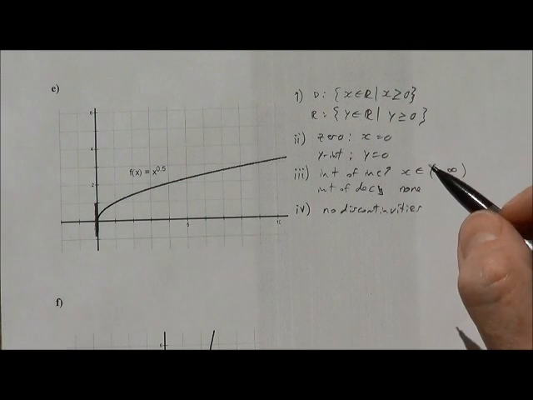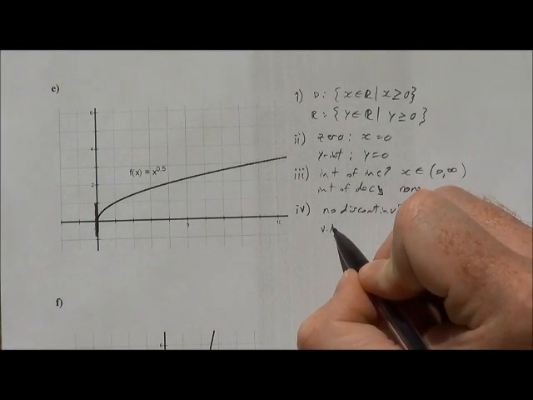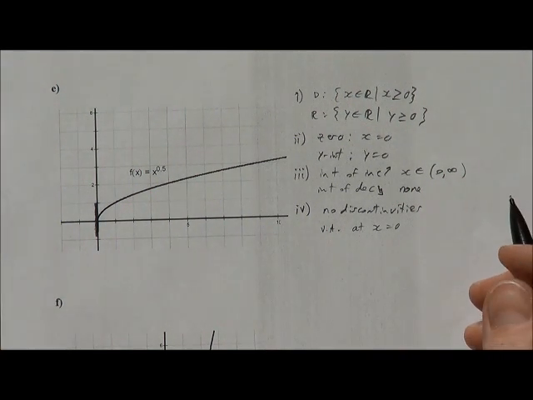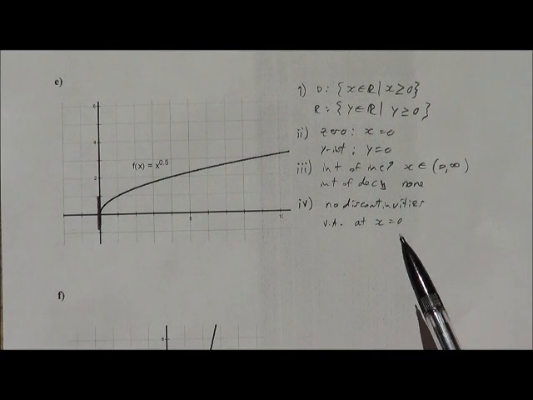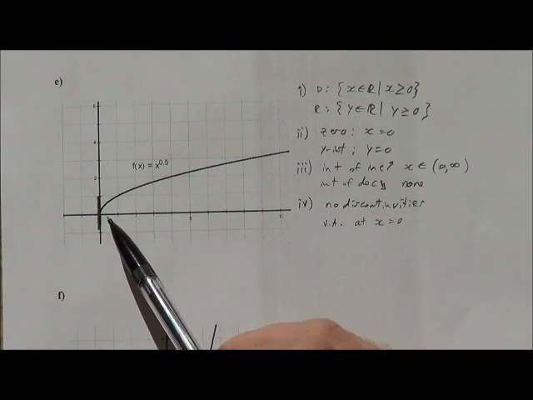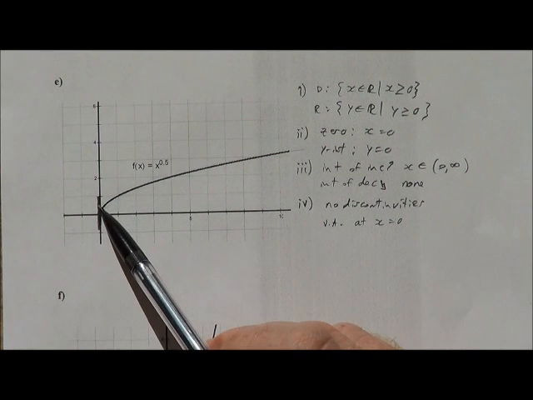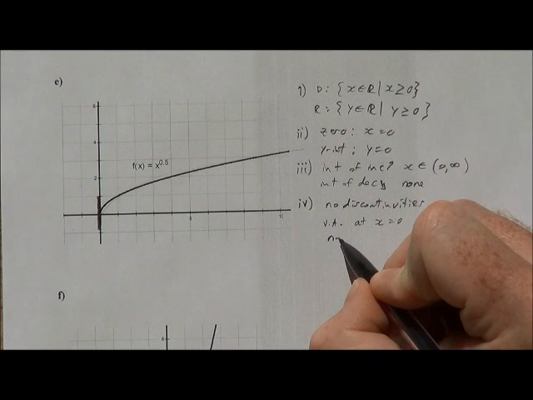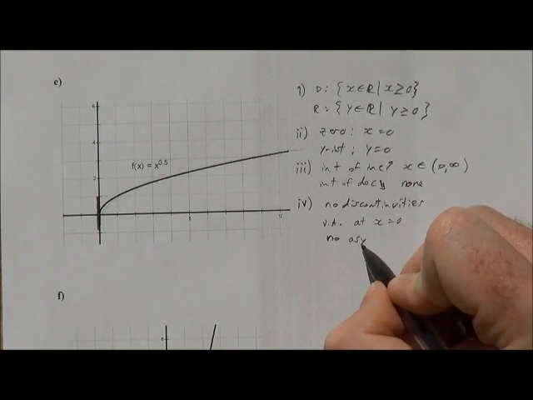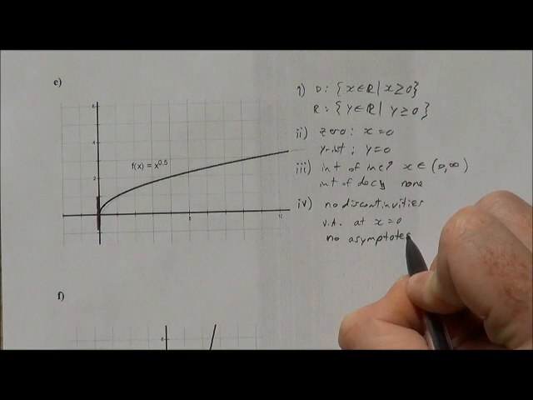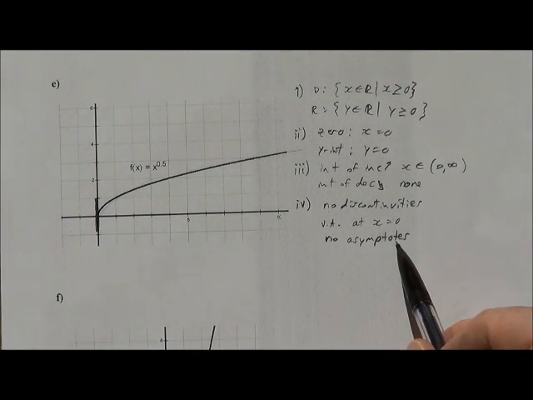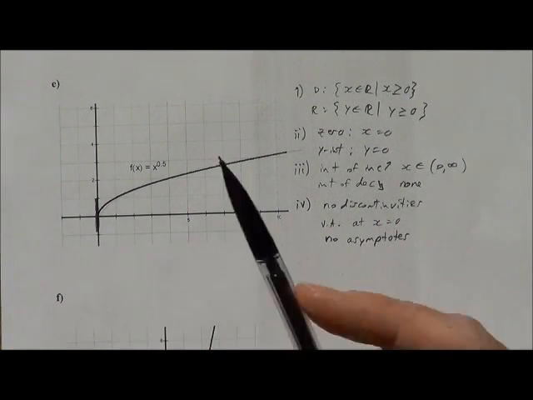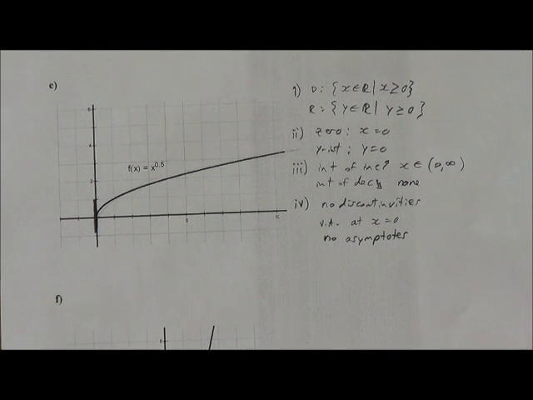That won't be necessarily important at the moment, so in this function itself, besides right at that endpoint, there are no asymptotes either. So I'll probably just be less sticky about it and just say there are no discontinuities and no asymptotes. If you want to be really technical, you could say that there is a vertical asymptote at that endpoint, but that's kind of nitpicky at this point.